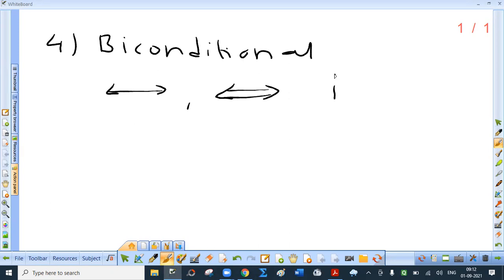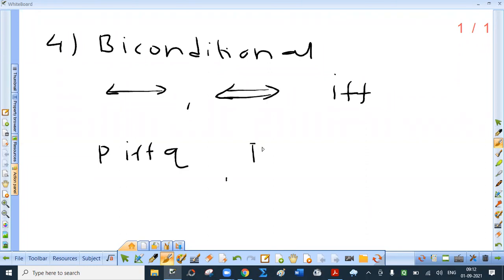In short, we write it as IFF, the standard short form for if and only if. So it is called biconditional or double implication of the two given statements. The connective phrase, as I said, is written in short as IFF, and this is the symbol for this connective phrase. If P and Q are two simple statements, then their biconditional is P if and only if Q, that is P IFF Q.